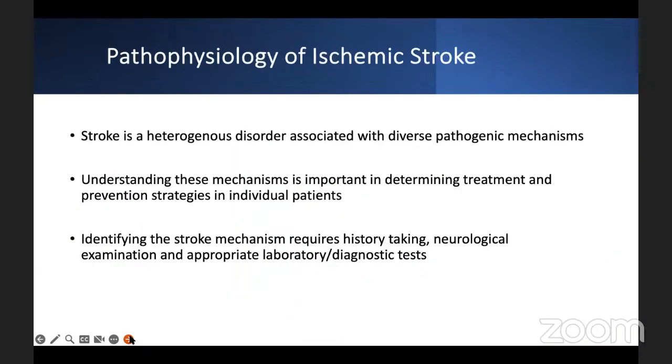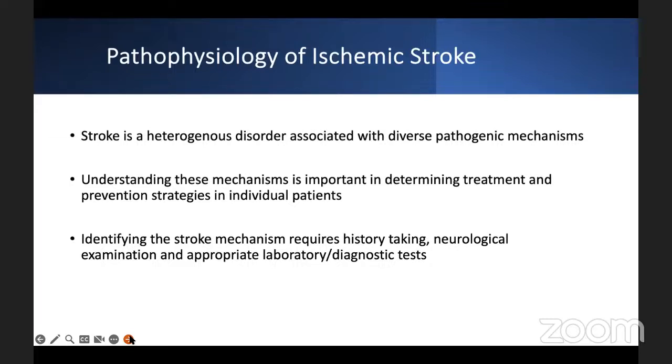So the pathophysiology of stroke is heterogeneous, it has diverse mechanisms. What tends to happen is that if somebody has, let's say, a blockade of an artery going to the brain, the blockade can be because there's a clot in the heart that has just gone through the arteries and blocked an artery. So that will be cardioembolic. You will see it as an infarct on a CT scan or an MRI, but the source is the heart.